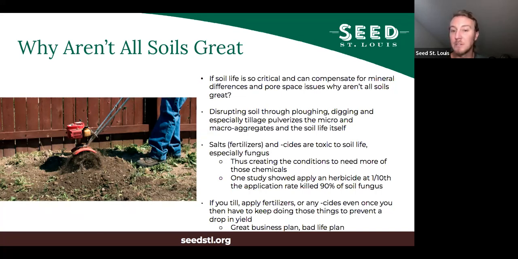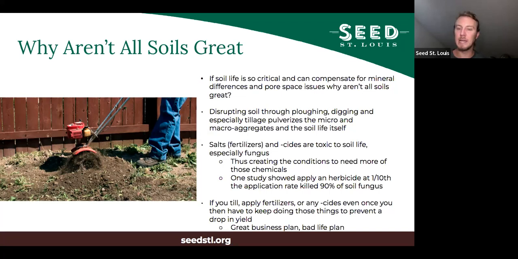And these are toxic to soil life, particularly fungus. Fungus in particular is kind of the most delicate of these microorganisms. Tillage does the most damage to fungus. Herbicides, insecticides, and obviously fungicides do much more damage to fungus than bacteria. Fungus are slower to get reestablished than bacteria.